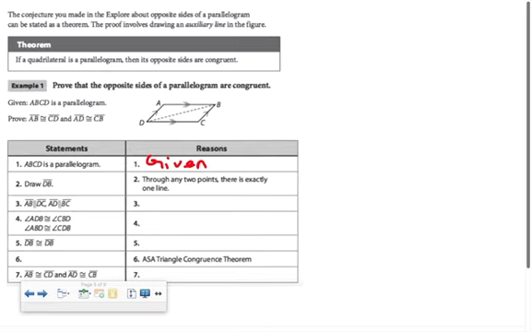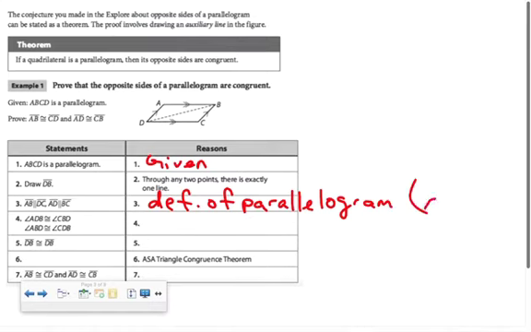In statement 3, we're saying that AB is parallel to DC and AD is parallel to BC. I hope that you would realize that since this is a parallelogram, these lines are parallel because of the definition of parallelogram. And in the future, you'll probably see me abbreviate parallelogram with the symbol for parallelogram.